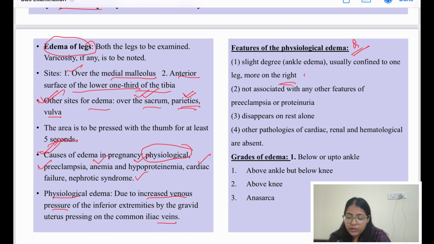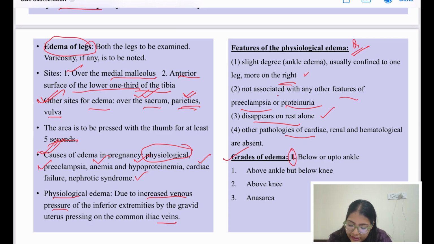So there is more compression on the right side, and it is not associated with any other features of preeclampsia or proteinuria. You will always find the BP is fine, albumin is fine, and when you tell the patient to take rest and elevate her legs while sleeping, the edema disappears the next morning itself, and other pathologies are absent. And how do you grade edema?